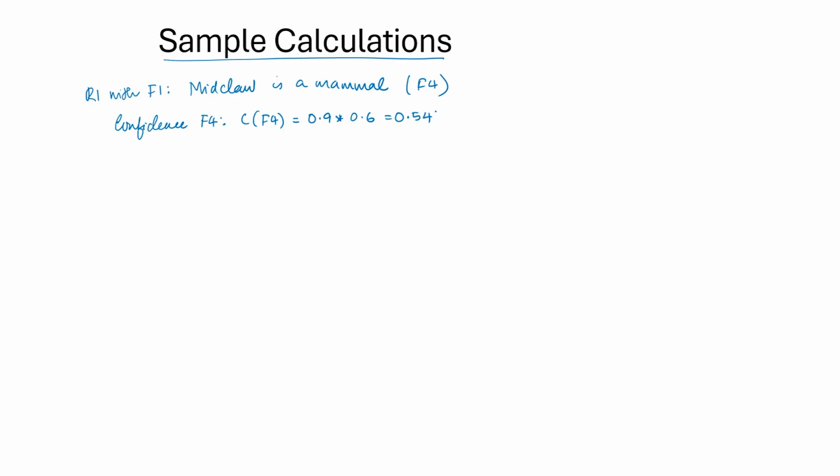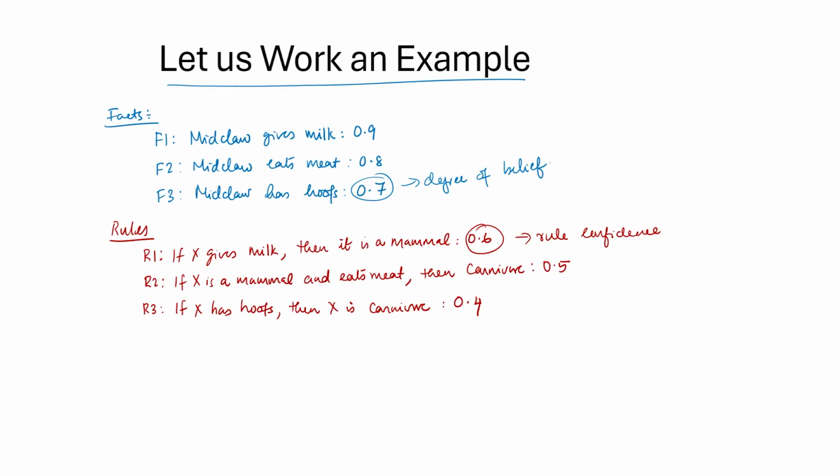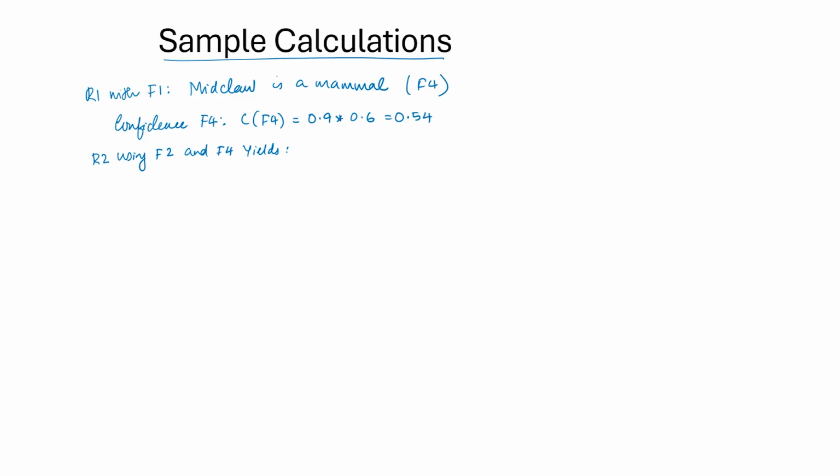Now, R2 using F2 and F4. Mid-claw eats meat and mid-claw is a mammal, so both of those yield mid-claw is carnivore. That is F5.